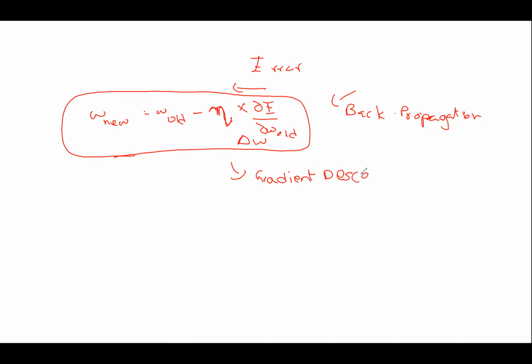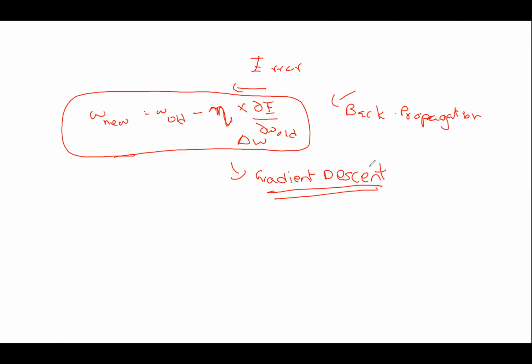I mentioned when I was doing backpropagation that I'll teach this when we do gradient descent. Does that ring any bells, or have you guys forgotten how we update the weights? This equation is familiar, right? This is how we update the weights, and we update the weight in every epoch and then go back and get the new error.